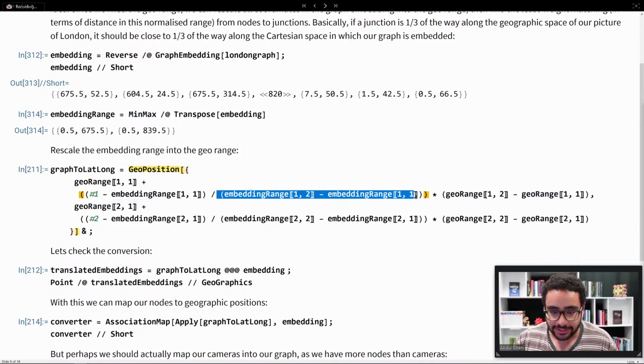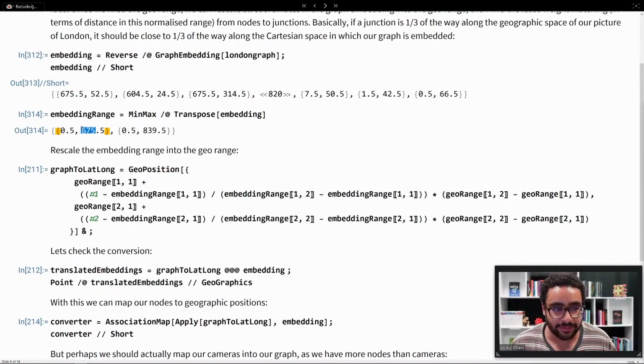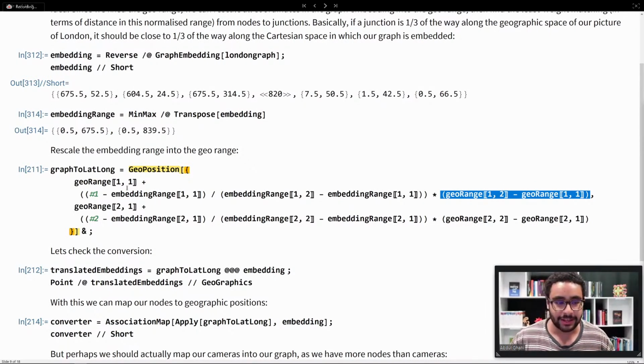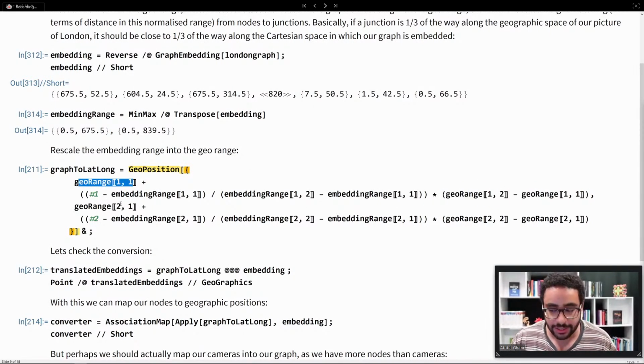Okay, and then we'll normalize by the actual width, in this case, the height of our range. So instead of going from 0.5 to 675.5, we're going to go from 0 to 1. Okay, that's good, because now we can just rescale by our geographic range, and then we retranslate. And the same for our x coordinate. That is what this function is doing.